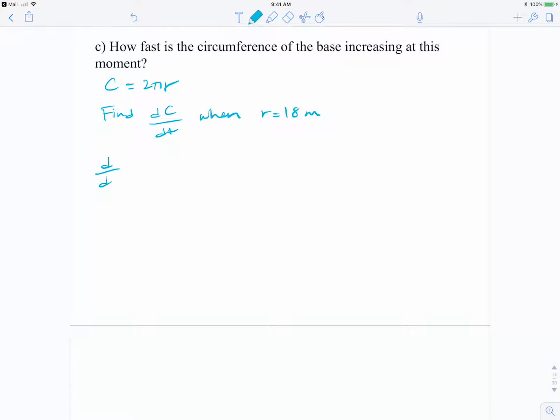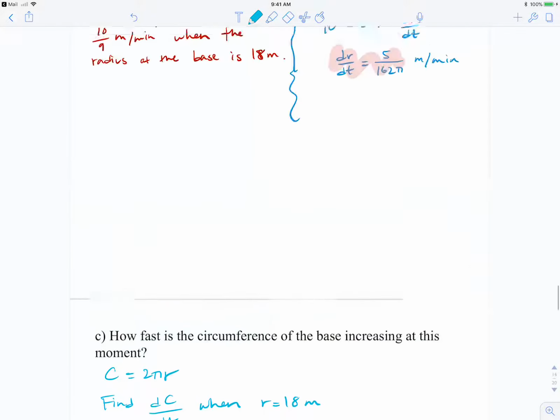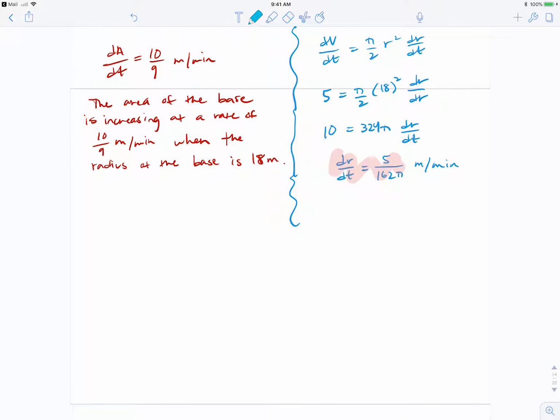So differentiating the equation here, dC over dt equals 2 pi times dr over dt. And we know what dr over dt is from up here.